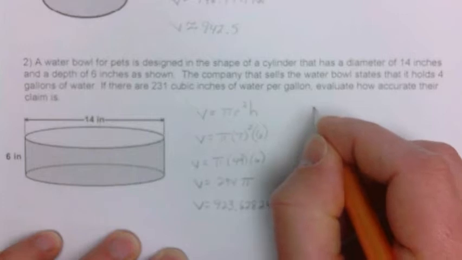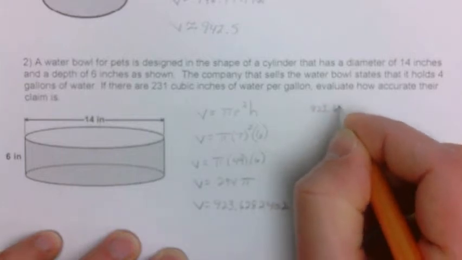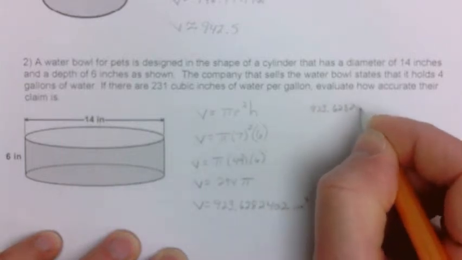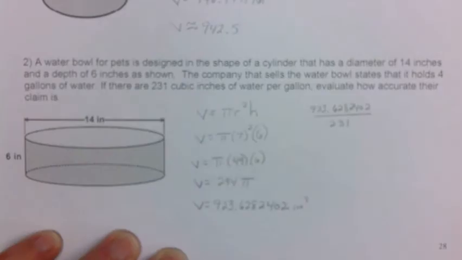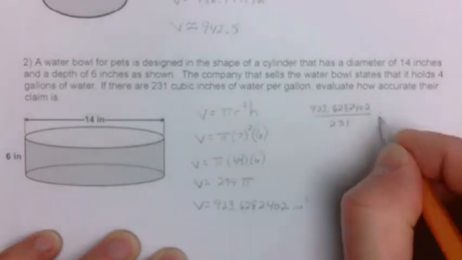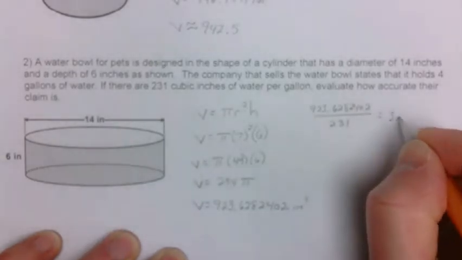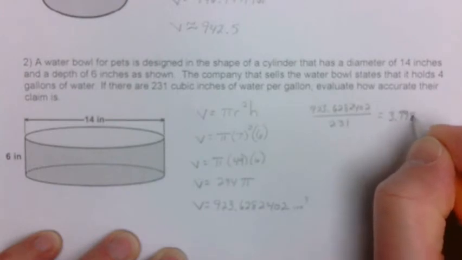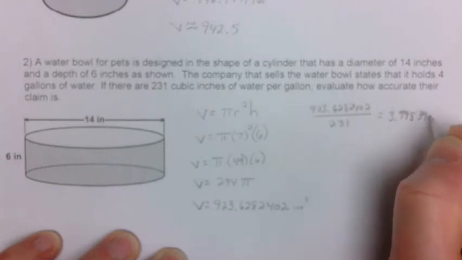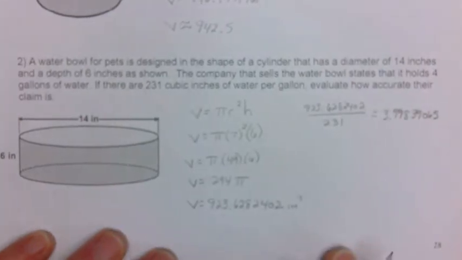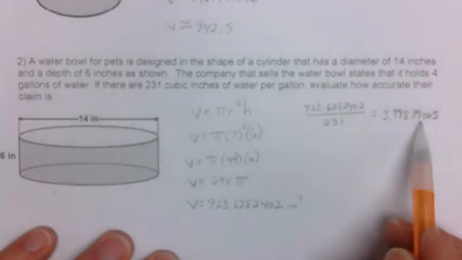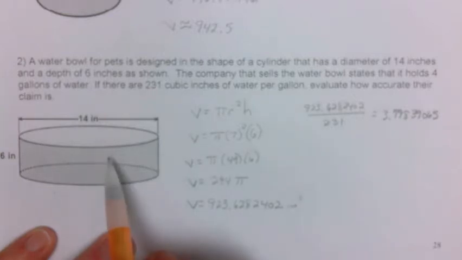So I'll take my number 923.6282402, and I'll divide that by the 231 cubic inches per gallon. And that equals 3.9983906. Okay, so that's how many gallons of water would fit in this water bowl.